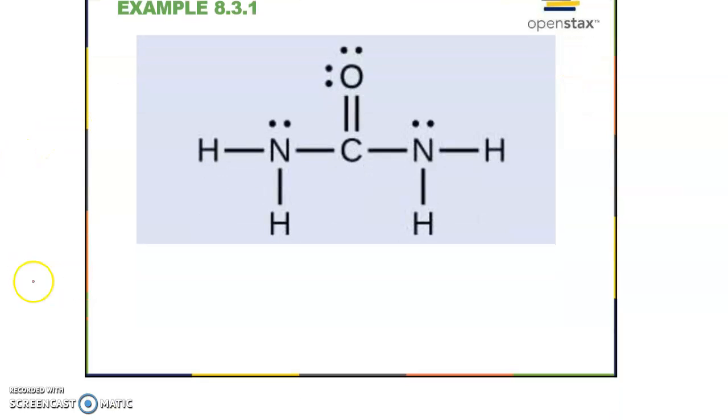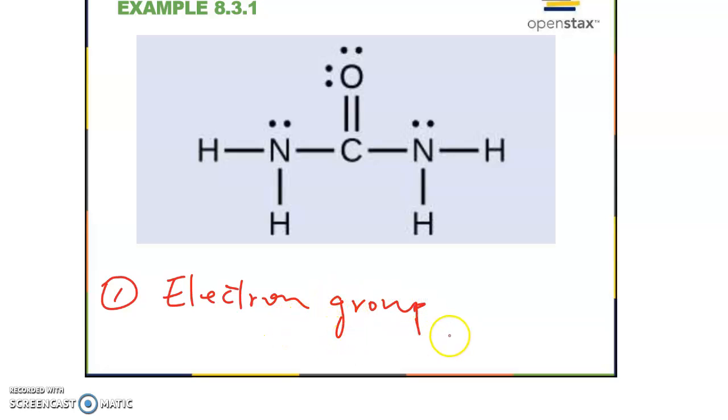The first step, and probably the only step, is to find out how many electron groups or electron pairs. What do I mean by that? The same as how many branches are coming out from that atom.